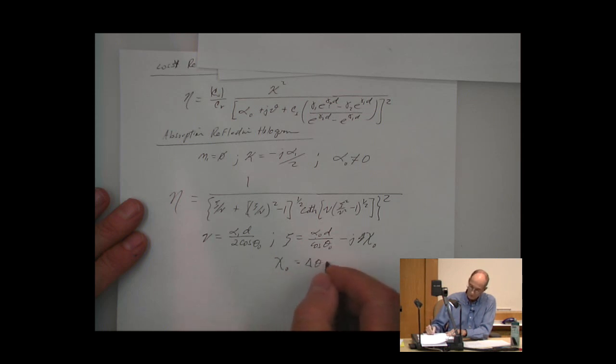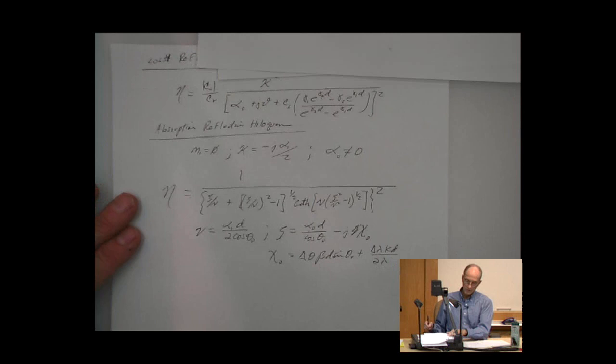So we have delta theta beta d sine of theta 0 plus delta lambda k d over 2 lambda.